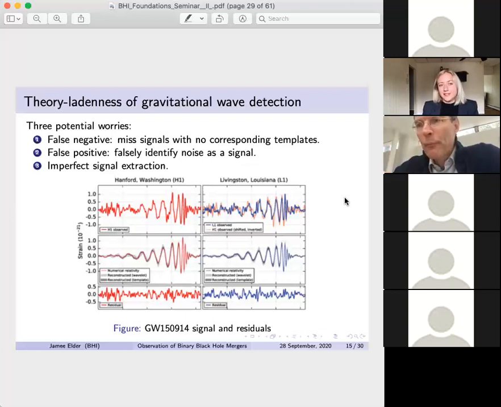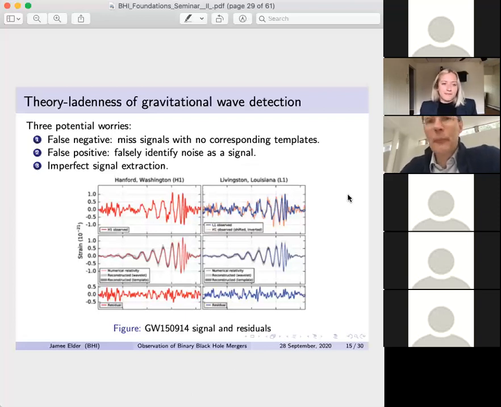And in the case of GW150914, I think they estimated that the likelihood that it was produced by noise was something like 1 in 203,000 years. So in terms of detecting a gravitational wave signal and thinking that it really is a signal, I don't think we should be so worried about the LIGO methodology.